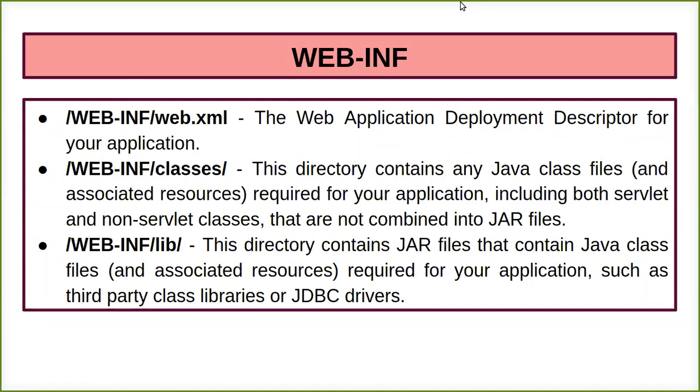When we download it from the internet, it is very easy for me to just add it into the existing library folder. So this third one is saying that the jar files available in NetBeans contain a number of Java class files or libraries which are required for your application.